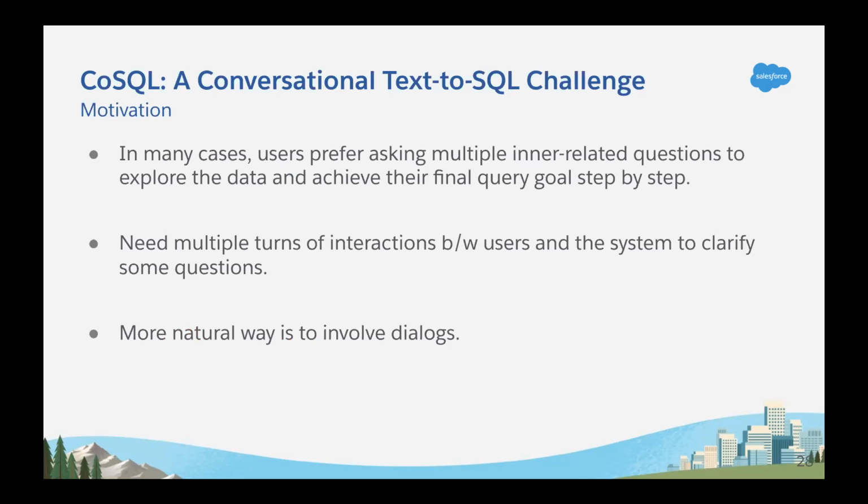When people ask these multiple interrelated questions, sometimes they don't need to generate a query. Maybe they just want to confirm some information, or they may say no about some output. So they may have some negative response.